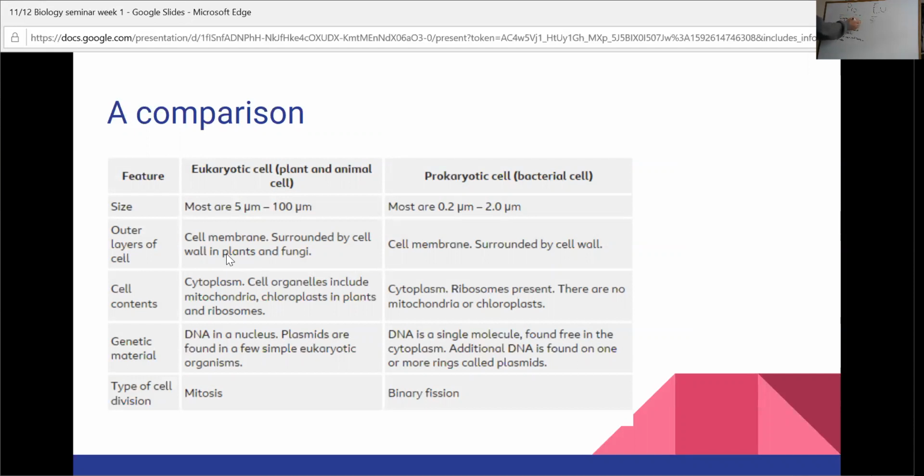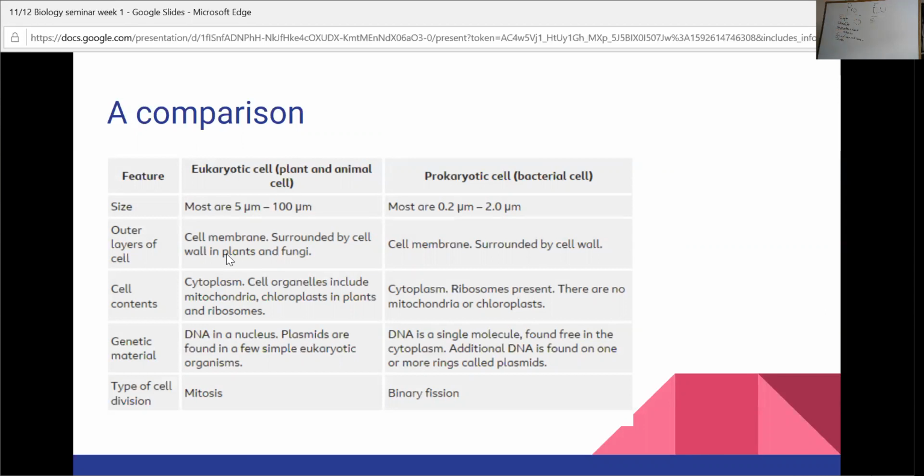And if you go to uni, you'll learn all about plasmids, and that these plasmids are what we use to take genes from one organism, and stick a new gene in, and then transplant that in. That's the basics of genetic modification. I won't go too deep into that.